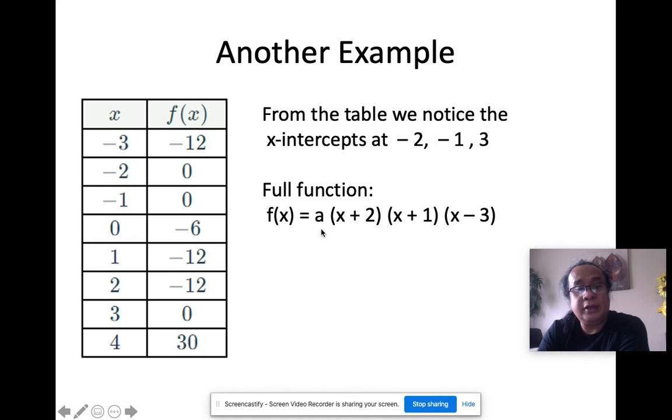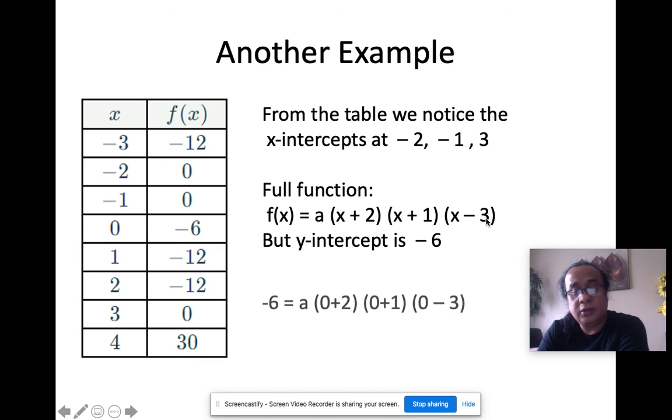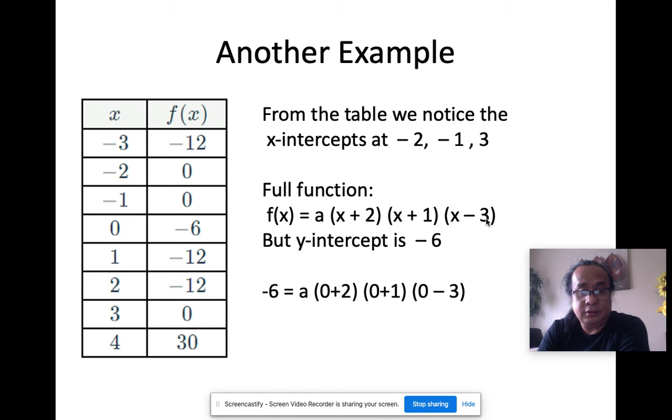But the y-intercept is at what? -6. So just substitute -6 for f of x when x equals 0. There you go.